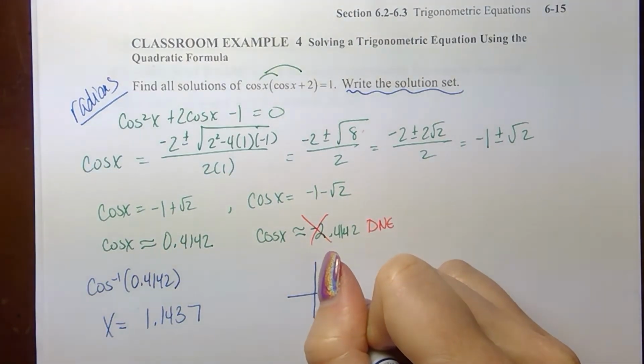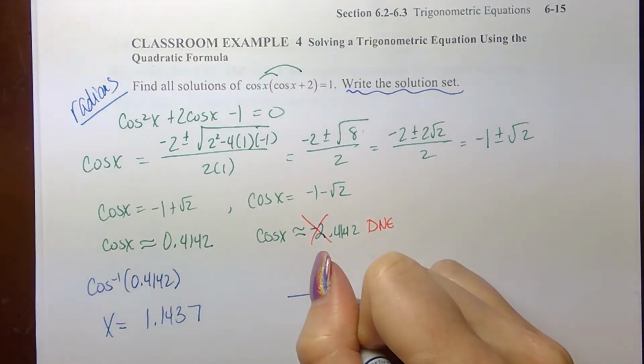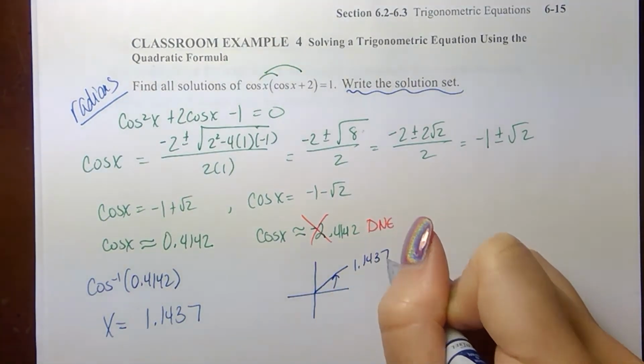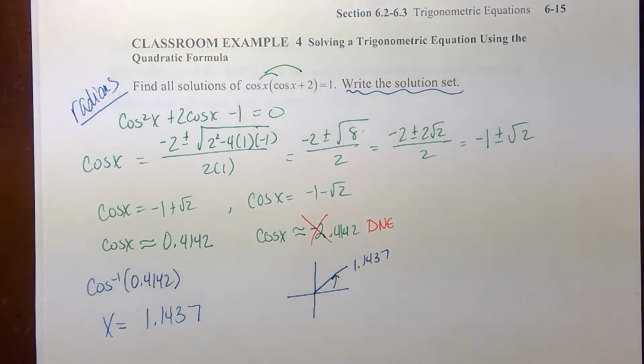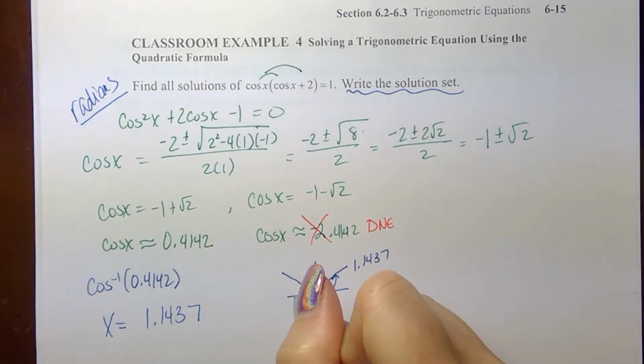Cosine inverse is restricted to quadrants 1 and 2. It's positive in quadrant 1. So this is 1.1437 radians. Now, this cosine function value is positive in quadrant 1. It's also positive in quadrant 2.